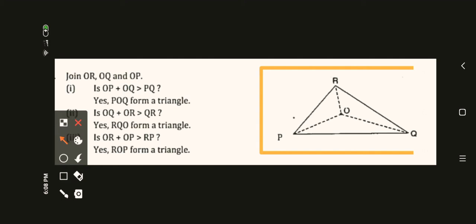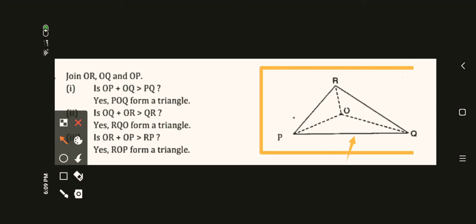Okay, now let's go to the first condition. Is OP plus OQ greater than PQ over here? So where is OP? This is OP and this is OQ, right? Now we have to check whether OP plus OQ is greater than PQ. Okay, so is it forming a triangle? Yes, it is very well forming a triangle. So absolutely, if it's forming a triangle, the sum of the sides, that is OP plus OQ, should be greater than PQ.